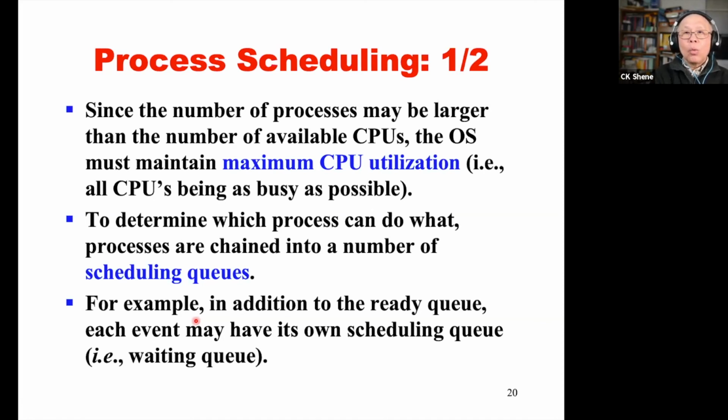One job for the operating system is to maintain CPU utilization at 100% if possible. This means in servers and in large mainframe computers. Because those computers are so expensive, the operating system must make sure the CPU is always busy, as much as possible, in order to maximize CPU utilization.